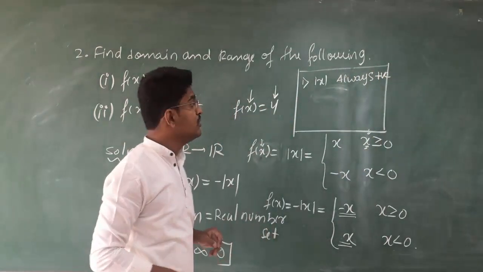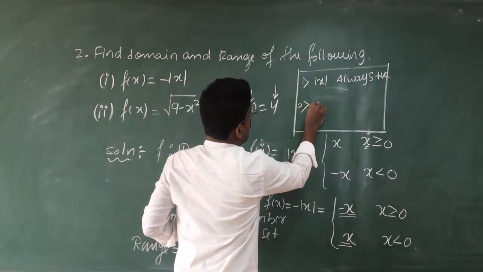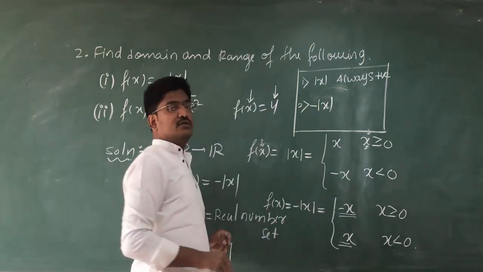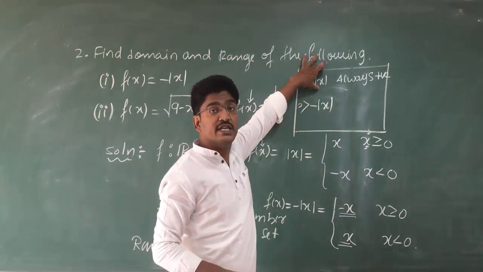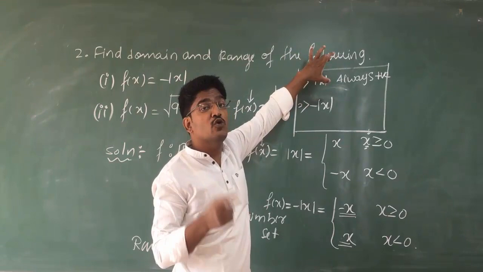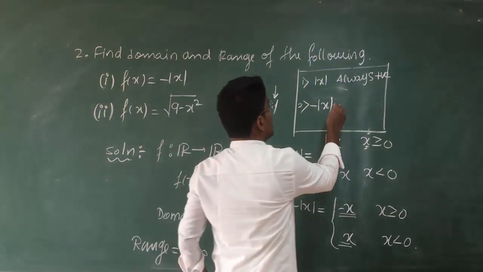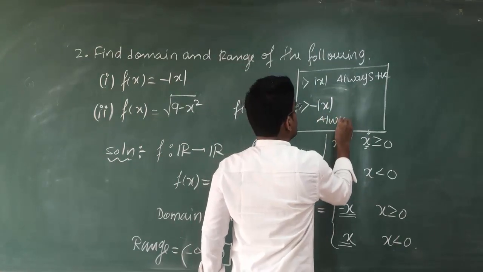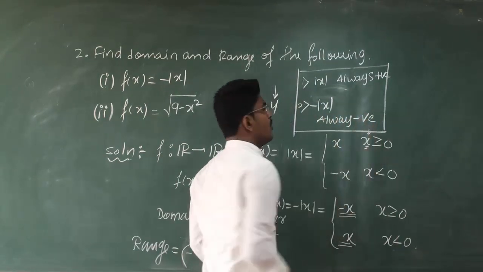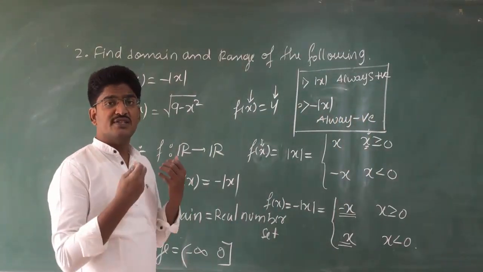Clear? What is minus of mod x? This is always positive, and always positive multiplied with a negative sign becomes what? Always negative. Over. Answer is over.